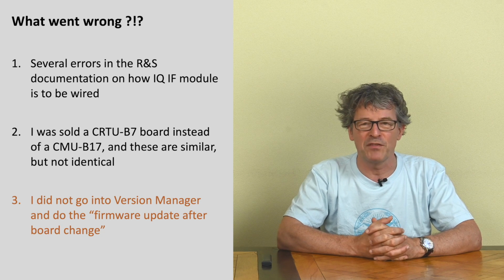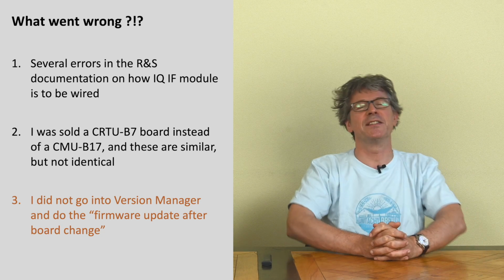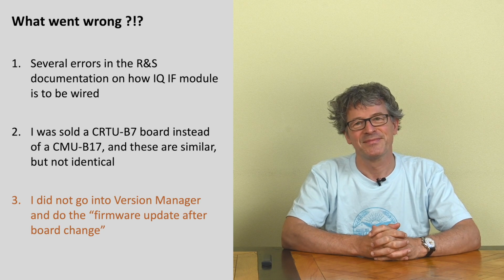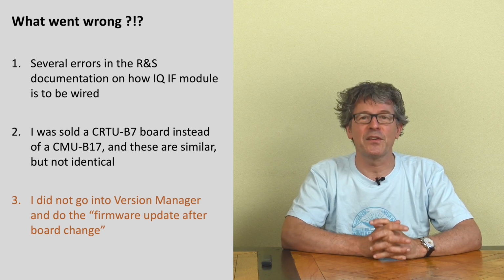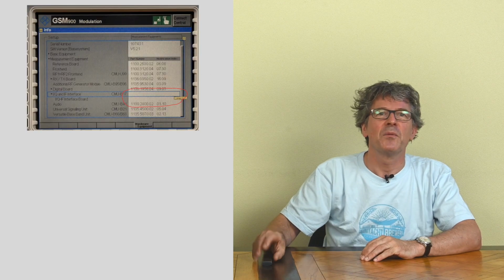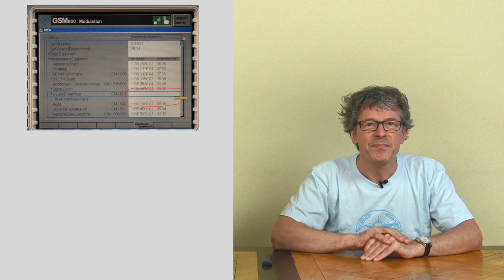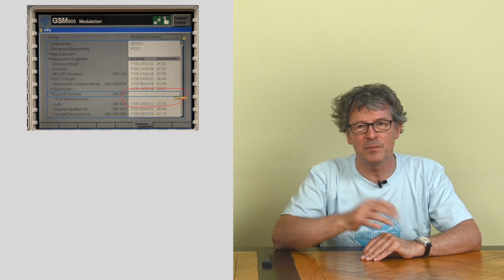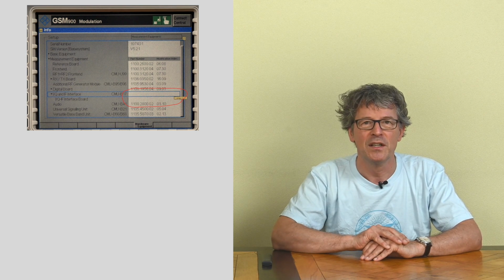Now finally, as I admitted, I did not go into the version manager and do the firmware update after the board change. I should have done that. I'm going to try to plead myself not guilty anyway. Why did I think that was not necessary? Well, in my device, the new unit didn't show up as a regular type of board that would have something like firmware on it at all.